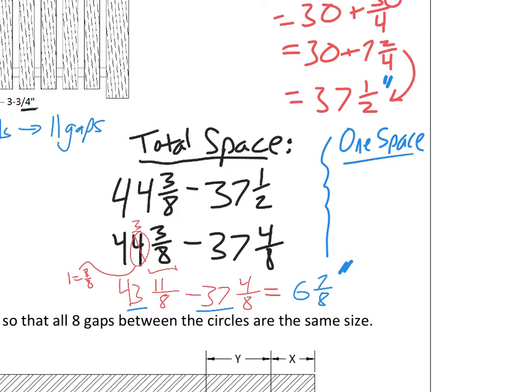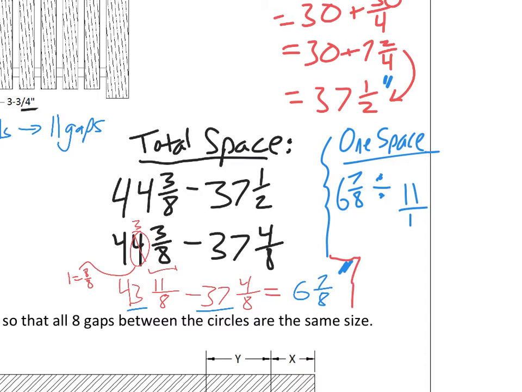We have 11 gaps, so let's figure out one gap, or one space. How do we do that? Well, we've got 6 and 7/8, and we're going to divide that by 11. Some things to remember here: dividing by 11, or 11 over 1, is the same as multiplying by the reciprocal.